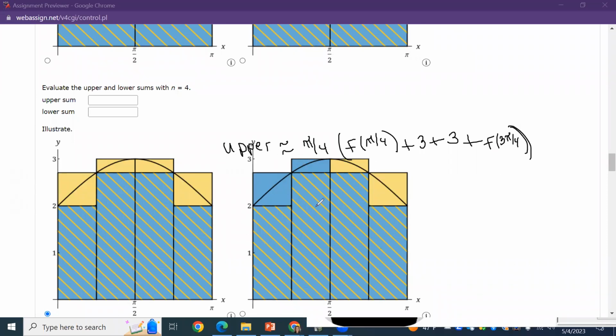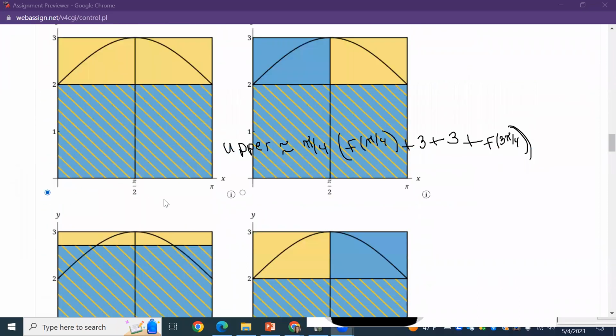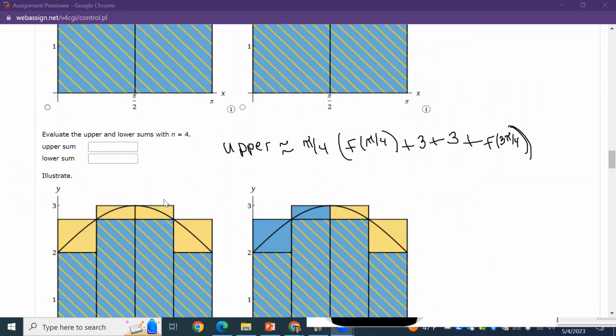Okay, so I would use my calculator to calculate this. Remember, technically the equation is 2 plus sine x. You could use variables if you want to. You don't have to. It's totally up to you. And we would use pi over 4 and also do the same thing for 3 pi over 4.